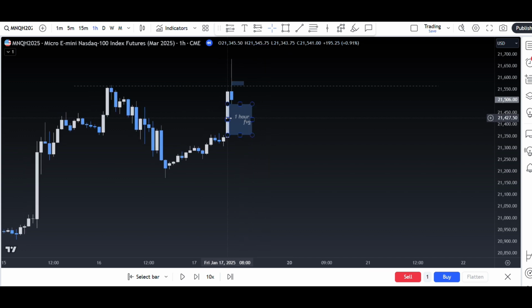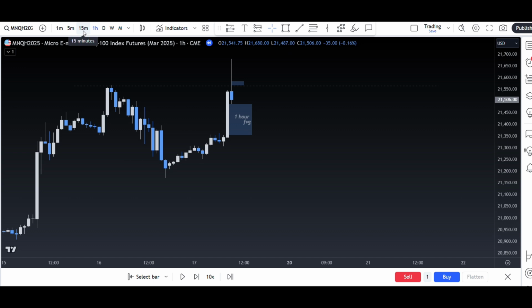We don't know how far it wants to go into, but you can target the 50% of the fair value gap, or you can target just the high of the fair value gap here. In the trade I took, I wanted to see how it would react after we broke that 1 hour low and see if we could continue deeper, but it didn't look like it was going to continue deeper, so I closed the trade early.